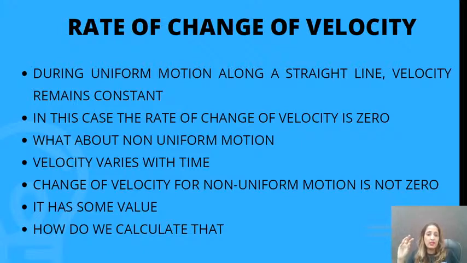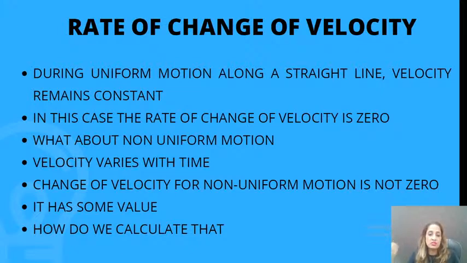So what if the velocity is variable? What if the velocity is changing? It is not in uniform motion, let's put it that way. During uniform motion along a straight line, velocity remains constant. But what if the motion is not uniform?